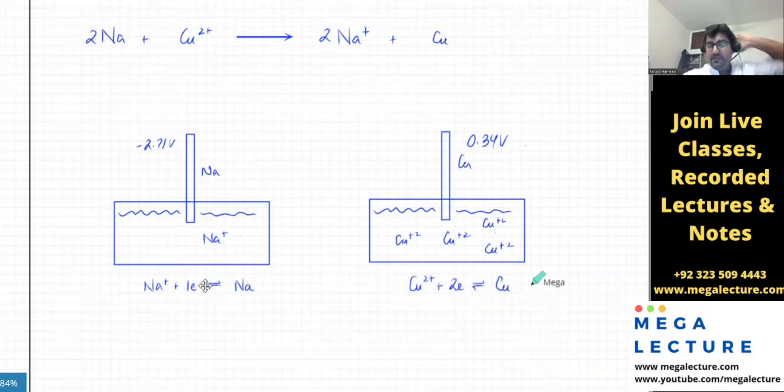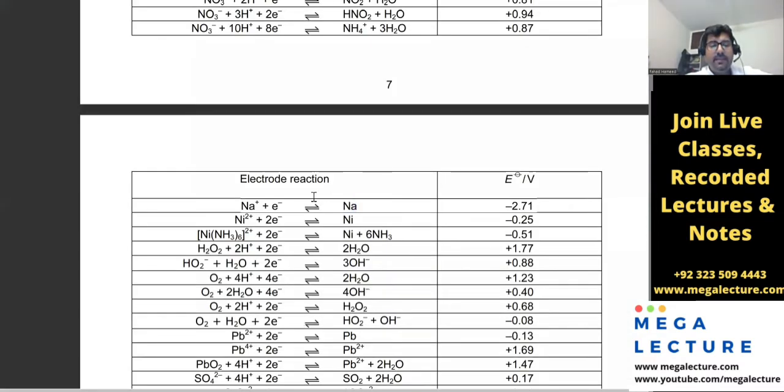Sodium is losing electrons, sodium ions are gaining electrons to form sodium back again. So one thing you'll notice over here is the notation that, remember, every electrode sets up an equilibrium. Okay, we did talk about it. In the forward direction, the standard notation is that they gain electrons. In the backward direction, they lose electrons.